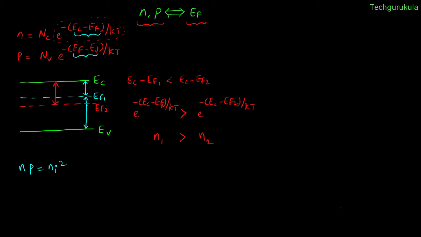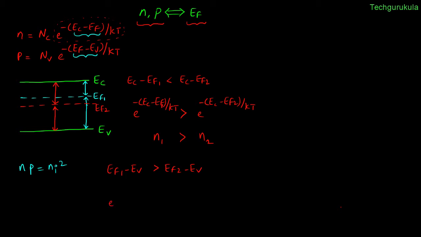Similarly, we can talk about hole concentration, where EF minus Ev in the first case is higher, and in the second case, it has reduced. So EF1 minus Ev is greater than EF2 minus Ev.